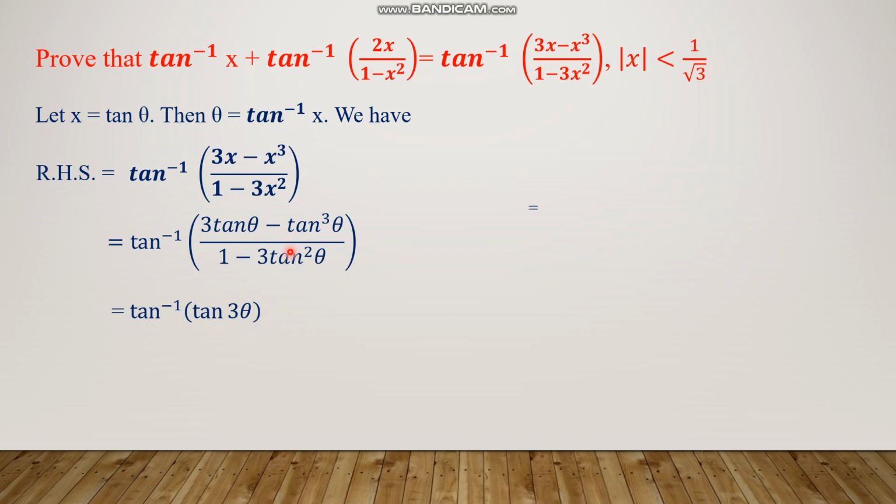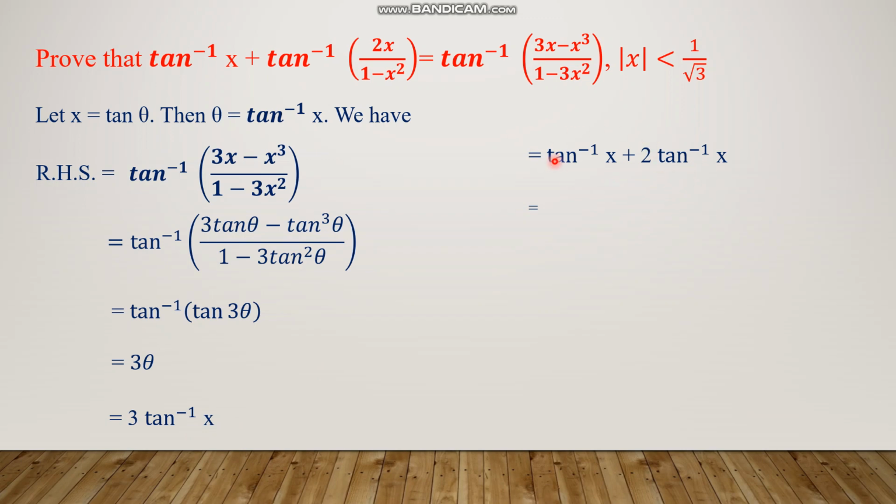We have studied this in the first year trigonometry. So tan inverse of tan 3 theta, as you know, will be 3 theta, but theta is nothing but tan inverse x, so this is 3 tan inverse x. But look at the LHS. LHS is not the same, so we have to further simplify this. You can see 1 tan inverse x here, so I can write 3 tan inverse x as tan inverse x plus 2 tan inverse x.